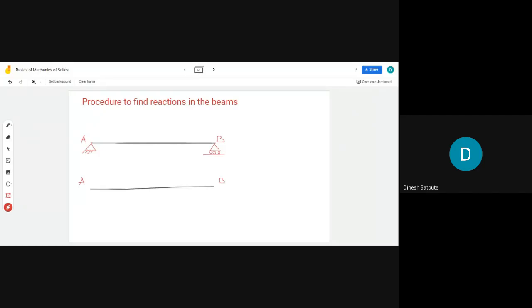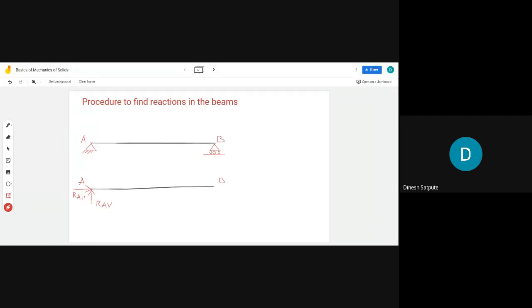One will act in the upward direction; I'll call that RAV, RA acting in the vertical direction. There will be one more reaction acting in the horizontal direction, which I am going to call RAH, the reaction at A acting in the horizontal direction.